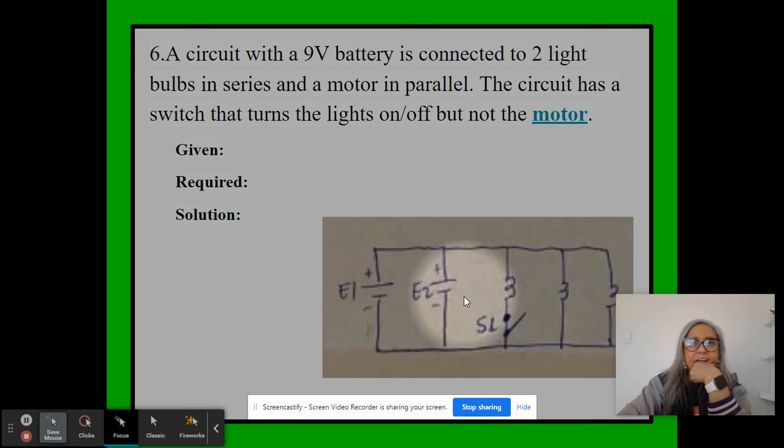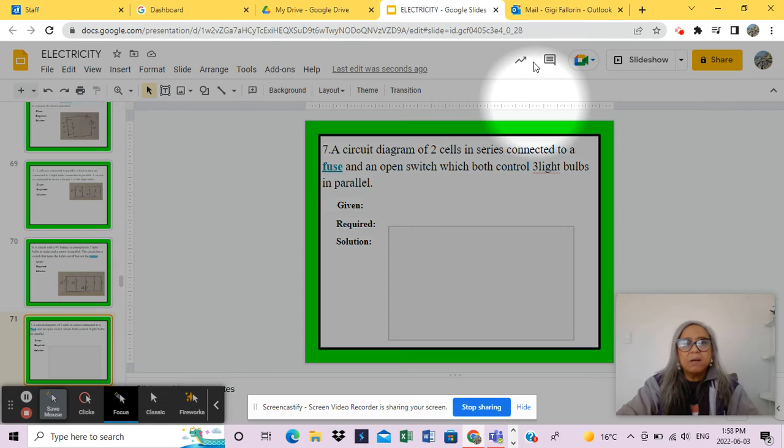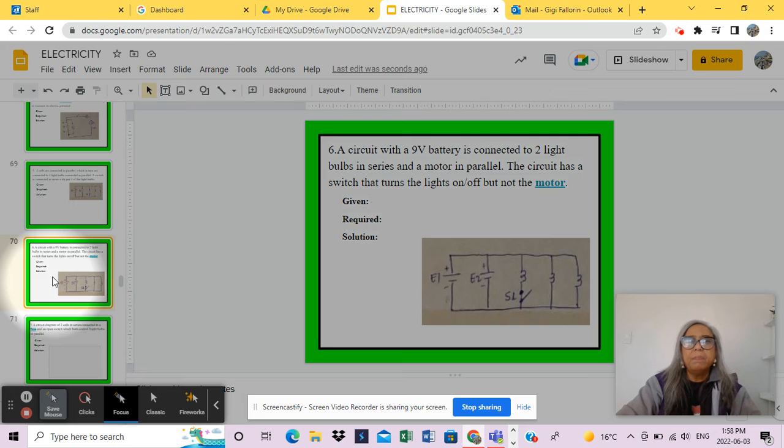Now let's see if we have some problem here. What do you think? Is this correct? I think this should have been what? So let me just correct that. We are on number six. What do you have on paper, people?